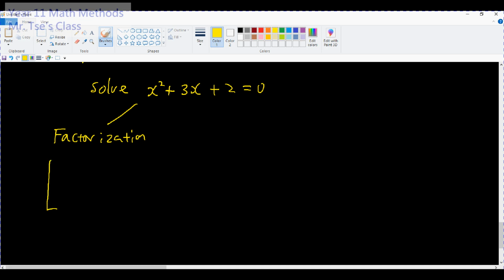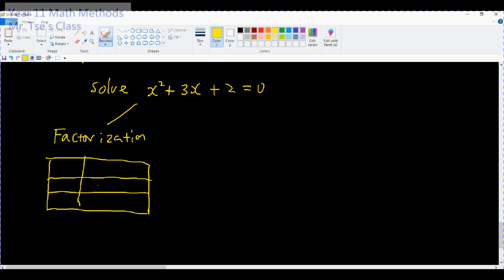To factorize, you can draw a table or matrix. You put x squared here, you put plus 2 here, and then you have x over here and plus 2 here. This is a really easy one.